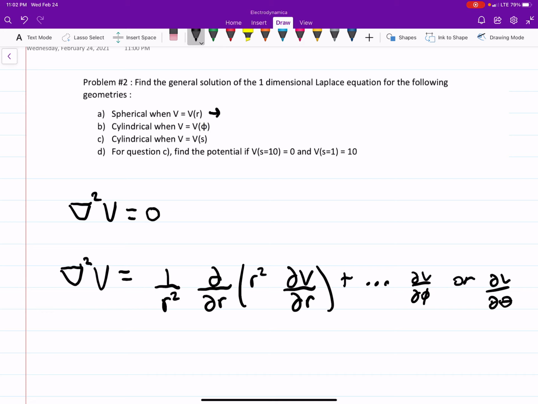And notice that our potential is a function in regards to the radius. So we only care about the radial portion, so we don't need to include all these.